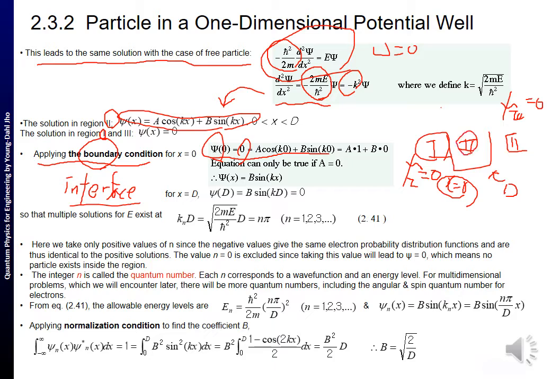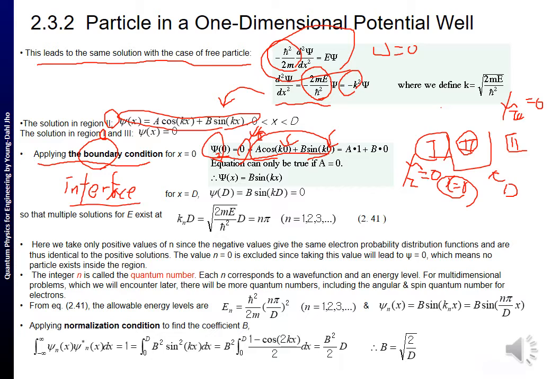In region 2 the wave function was calculated to be a cosine kx plus b sine kx, and we plug the x value into here, right? The wave function is continuous, so at region 1 and region 2 the wave function value should be the same.